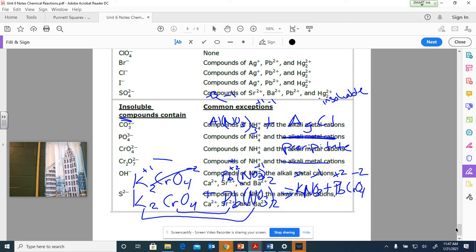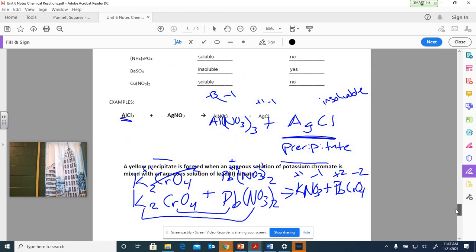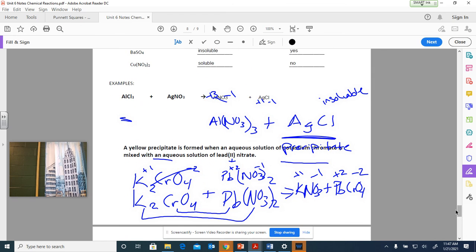Remember, your alkali metals are Li, Na, K, Rb, and Cs, all ones in the first column, and Pb is not that. So it is insoluble. Okay. So if it's my insoluble one, then it's my precipitate. The one that isn't soluble is my precipitate.